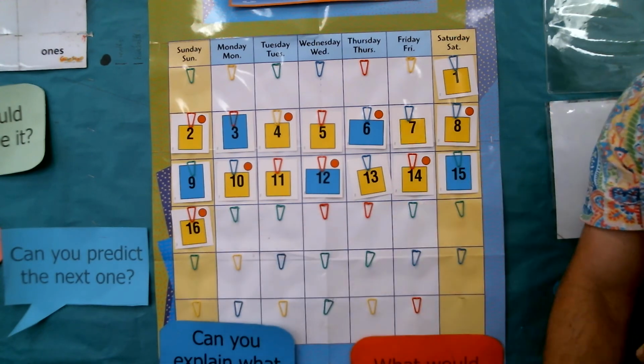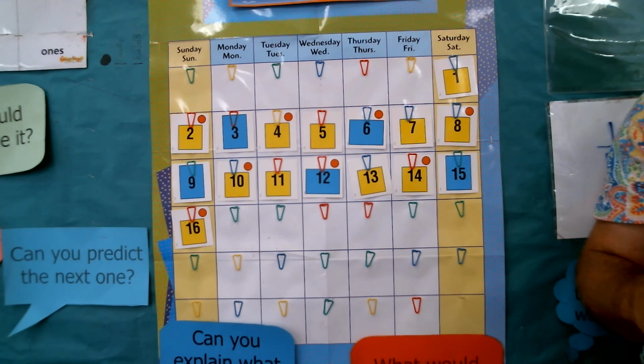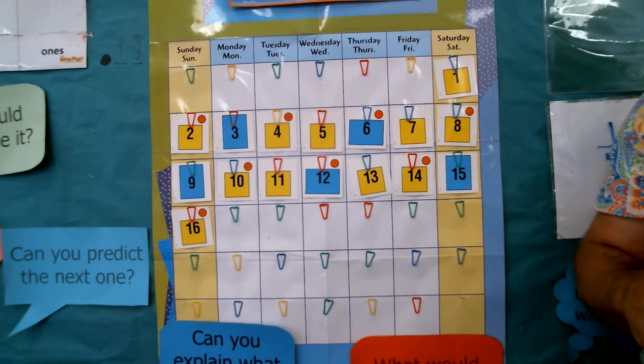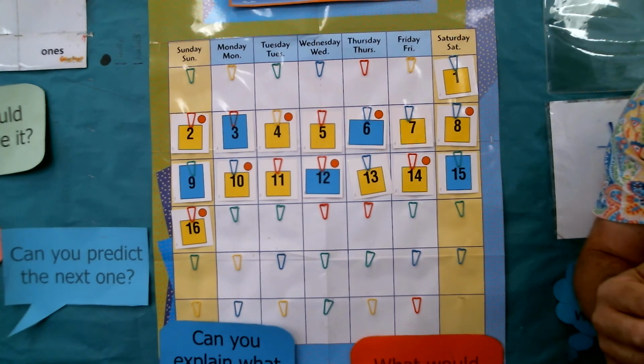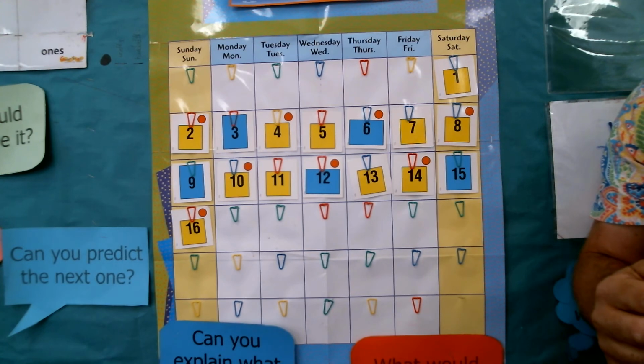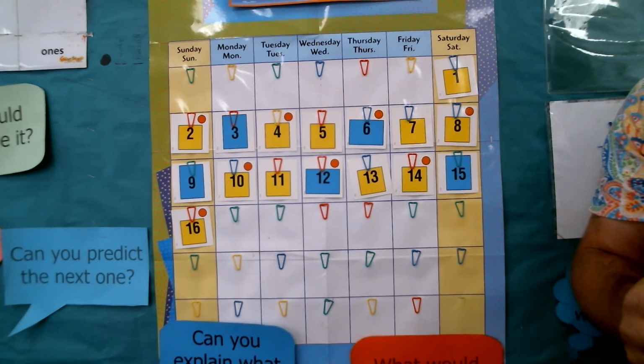And there we go. And now for today. What possibly could today have? The number 17. Is it odd? Is it even? Is it prime, composite? Is it a multiple of something?